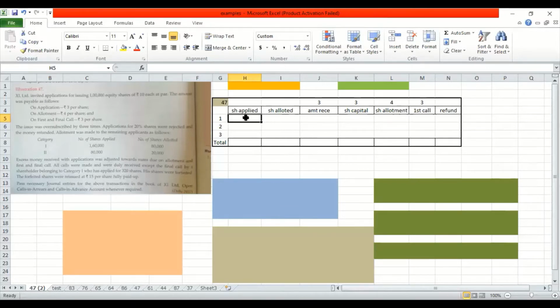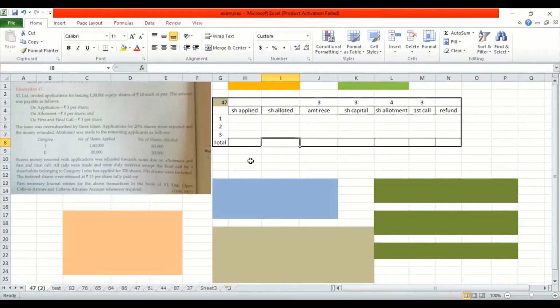Let us do sum number 47 from illustration, and this sum had come in the board exam. If you can't see the sum properly over here, then please refer the textbook. It is about XL Limited, who have issued 1 lakh shares, and there has been an oversubscription of 3 times. So you have to understand 3 times.